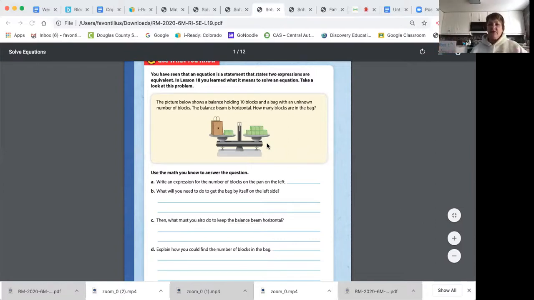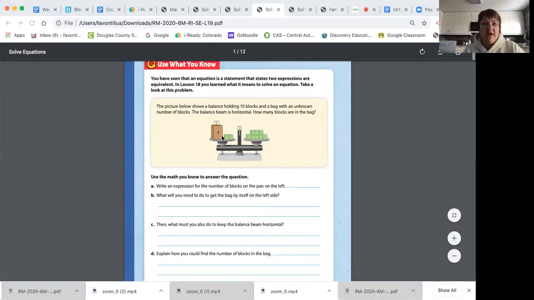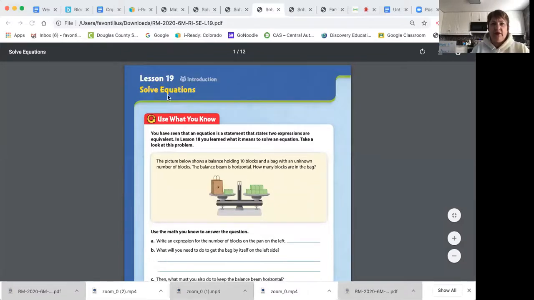The inverse of subtraction is addition. What's the inverse of multiplication? Division. And what's the inverse of division? Multiplication. Is multiplication and addition an inverse process? No. And division and subtraction? No.